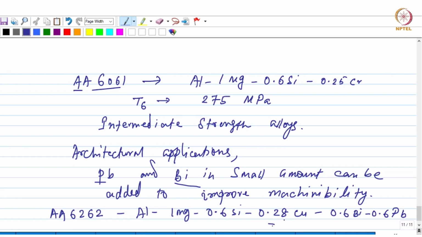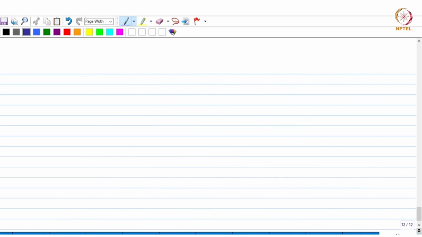And a little chromium also, which is good for grain refinement because it inhibits the grain growth. These alloys can be easily formed into complex shapes, and extrusion is a very commonly used process for shaping such alloys.